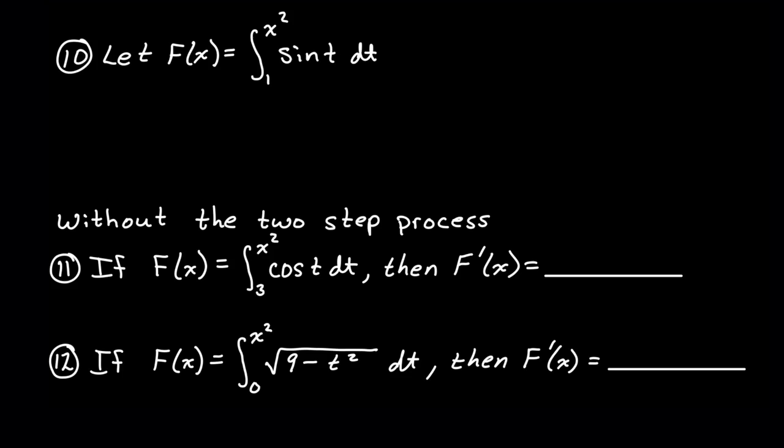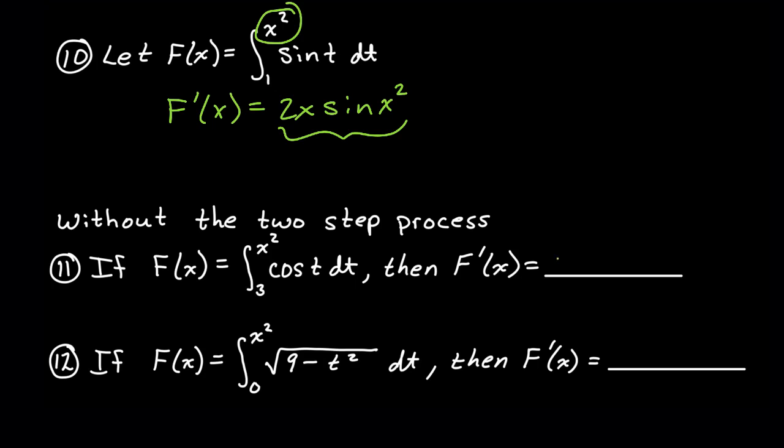All right, so we can bypass a few steps here, and we can say our derivative would be the derivative of x squared, which is our upper limit, which is 2x, multiplied by sine of x squared. That would be our derivative of this integral.